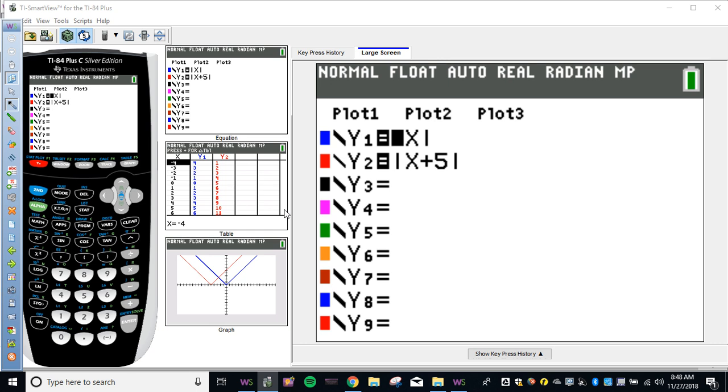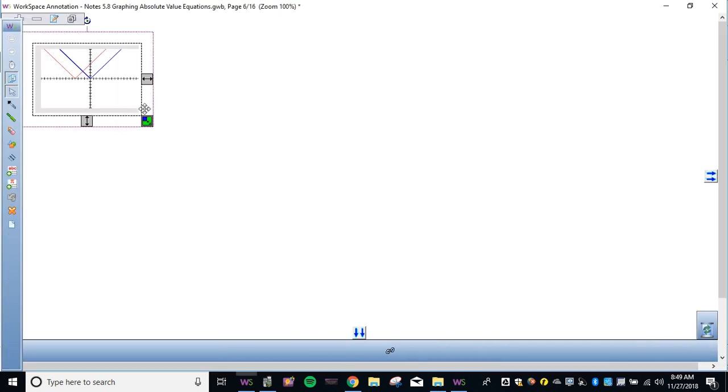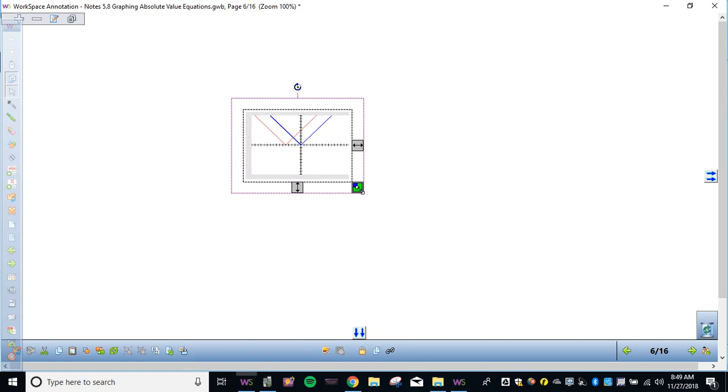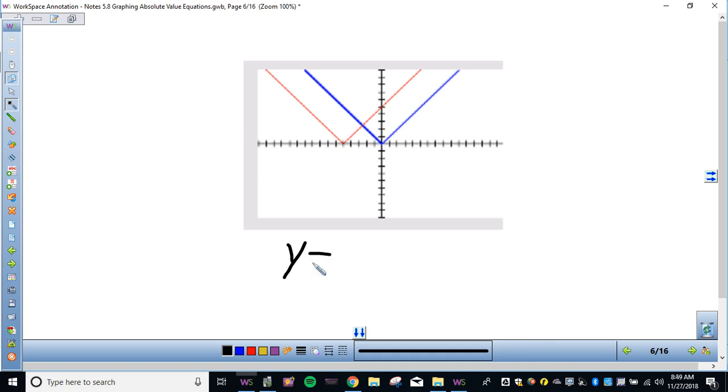I'm going to copy something here that you should write down. What's the function here? Y equals absolute value of x. Where's the plus?